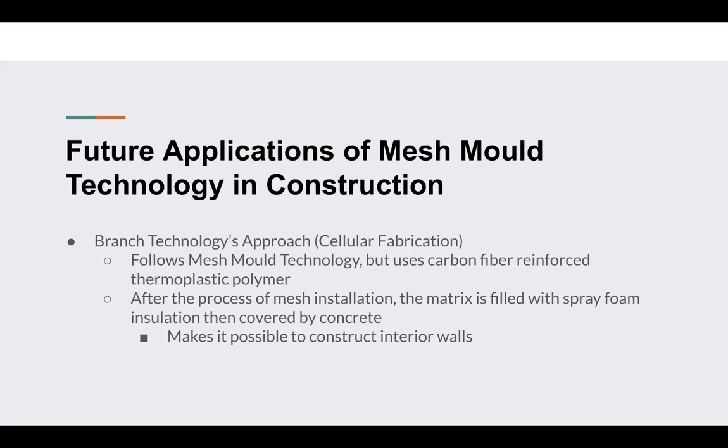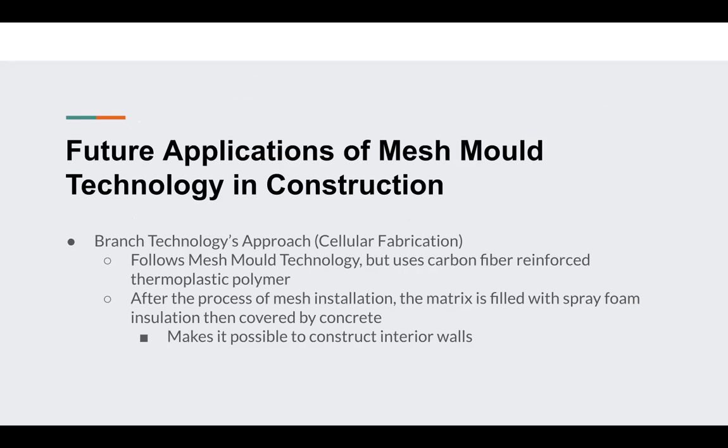So this is actually just another example of an application of mesh mold technology. From what I was able to find during my research, there are two types of mesh mold technology that I could find. And this is the Branch Technology approach, which they call cellular fabrication, and it's actually located in the United States.